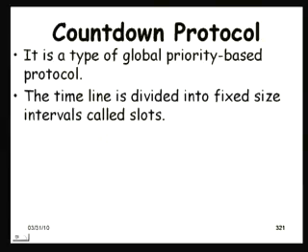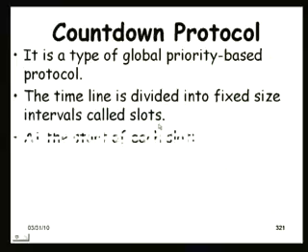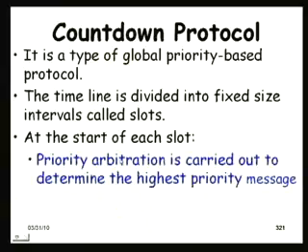So, here the timeline is divided into fixed size intervals called slots. Let us say every 10 millisecond is a slot. At the start of each slot, an arbitration is carried out to determine the highest priority message at that instant.